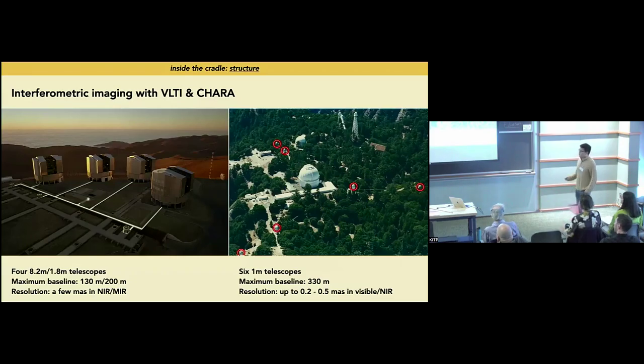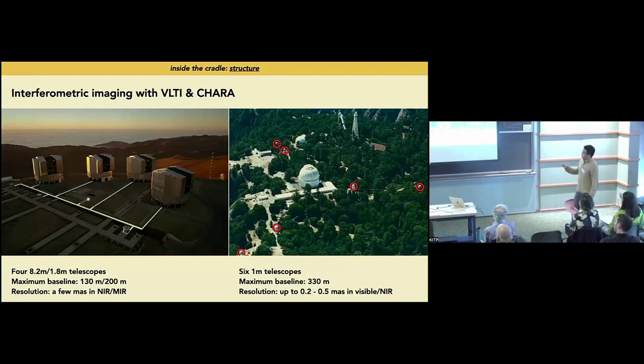You can also use smaller telescopes at the same site. But it gives you an angular resolution of about a few milliarcseconds. So if you think about disks in nearby star-forming regions, which are at about 150 parsec, it's going to be sub-AU scale, okay? 0.1 to 1 AU, okay? So that's very relevant to the size scale that we are talking about.